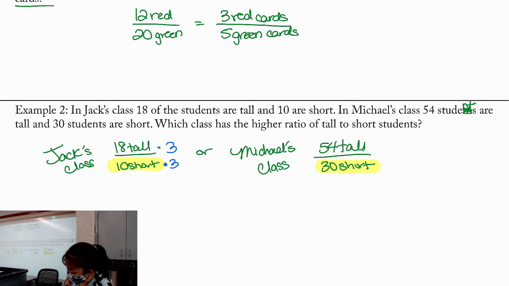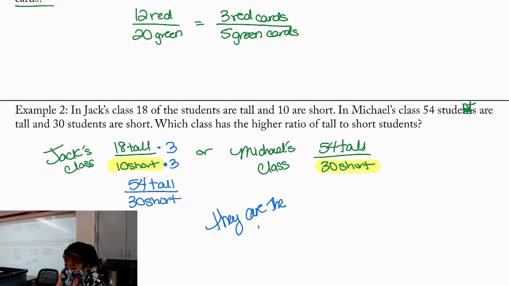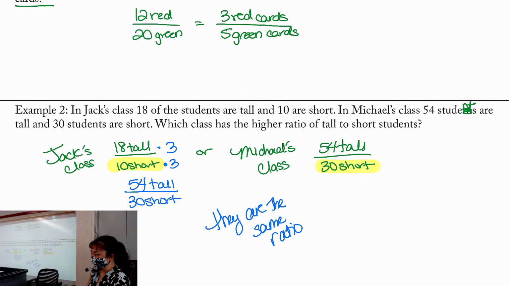So then that's the same thing as 54 tall, right, to 30 short. And they're the same. They're the same ratio. Which you could have figured out by reducing them. But in a sense, when they had different denominators, what I would do is try to make them have a common denominator and then compare the numerators together.